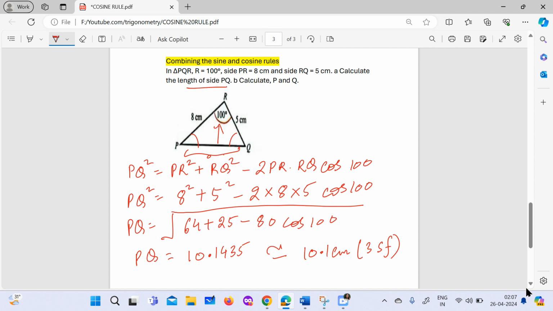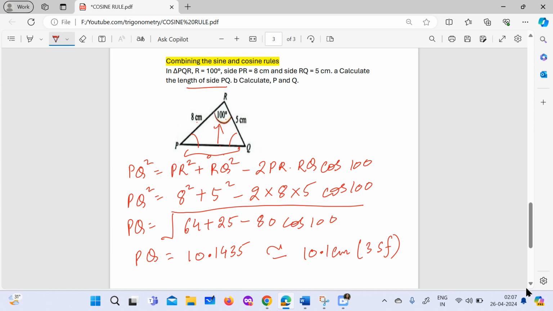Now we will calculate angle P and Q. Now you see that we have one angle here, one length here, and then we have two more lengths. So we can find any of the angles using sine rule.